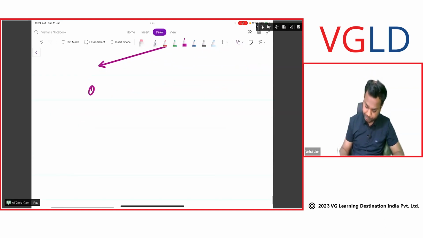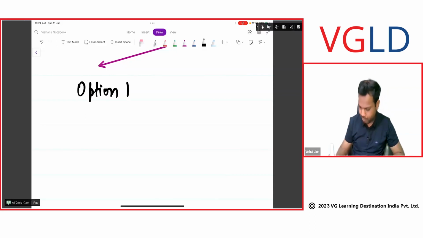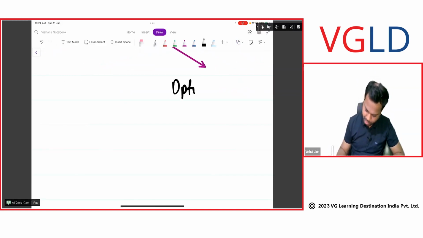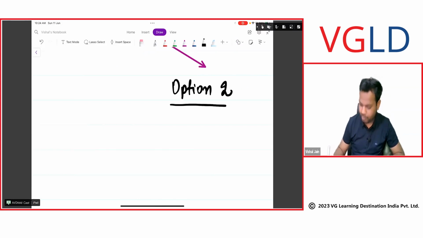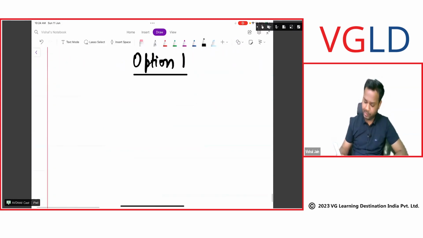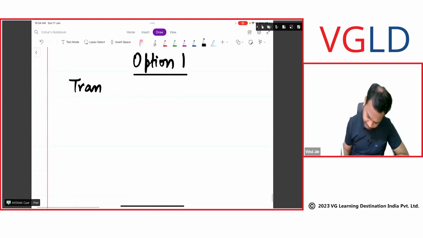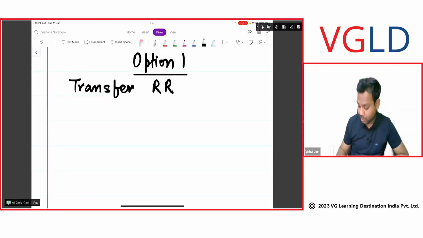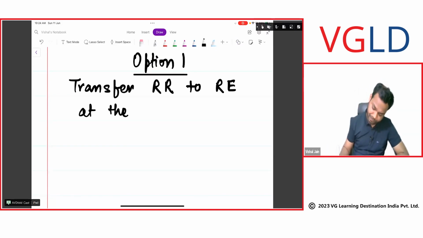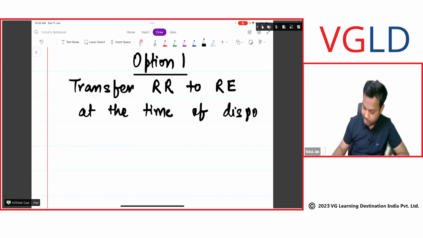Option number 1 is to transfer the revaluation reserve to retained earnings at the time of disposal of the asset. Please write along with me.